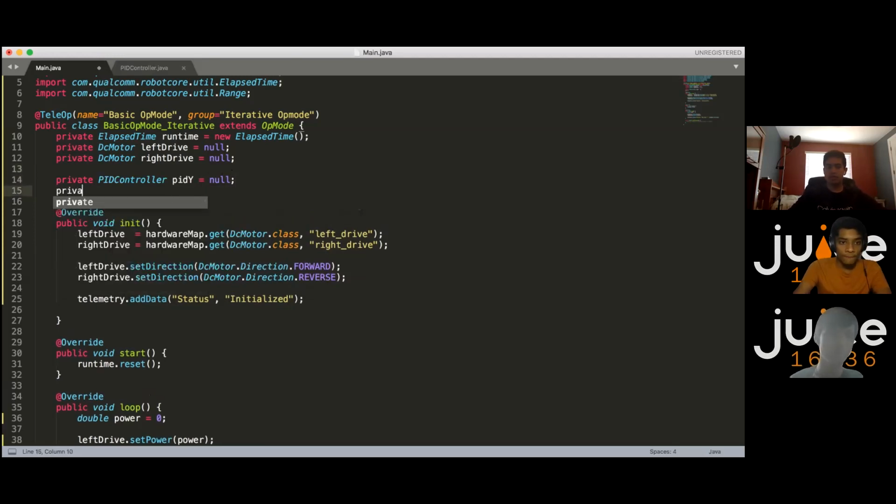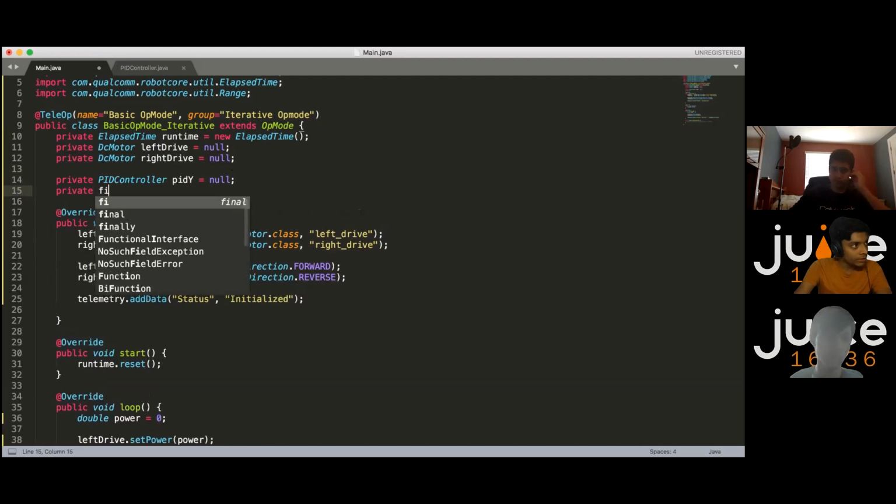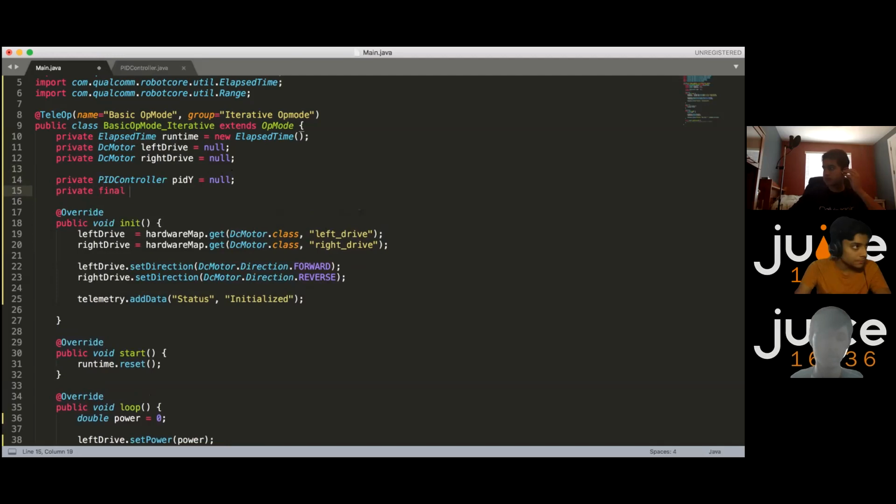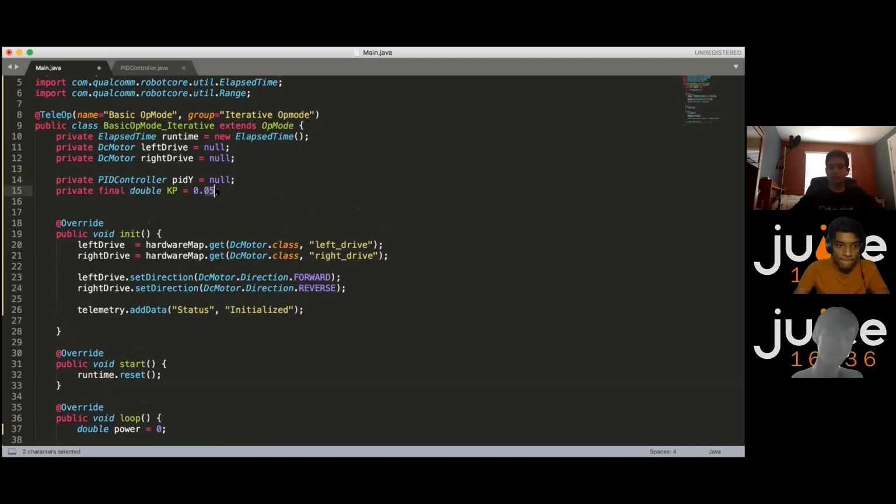And now we're also going to add our values KP, KI, and KD. Those are going to be final values because they're not going to be really adjusted during the course of your robot's movement at all. We're just throwing in some basic values.